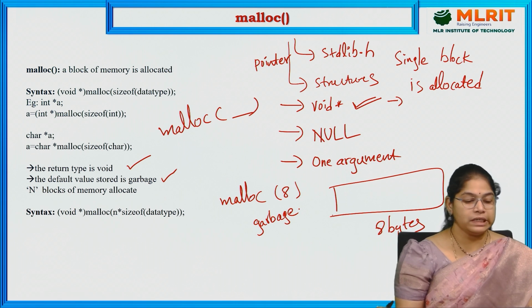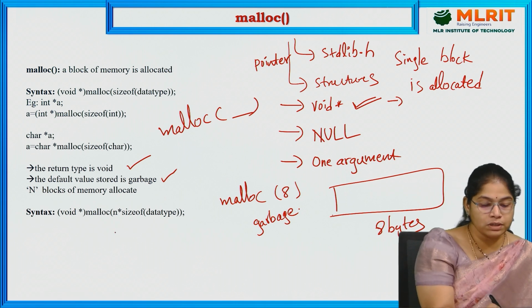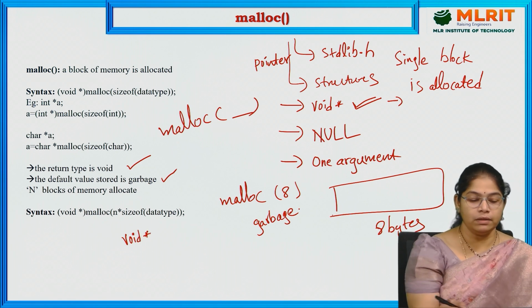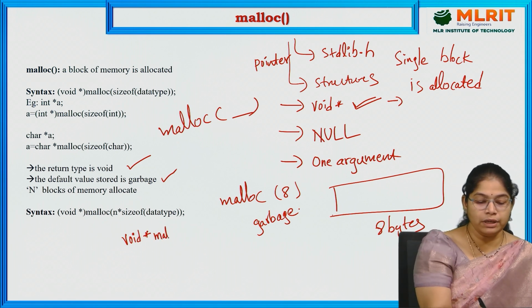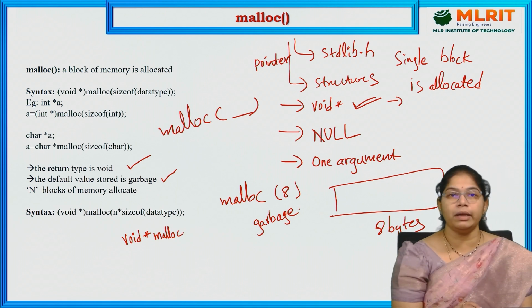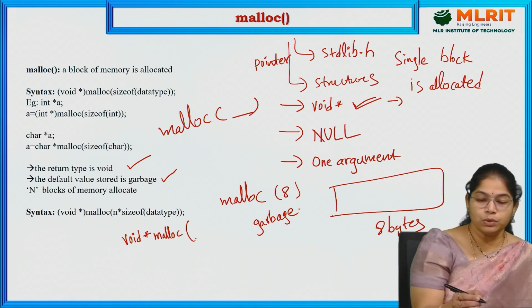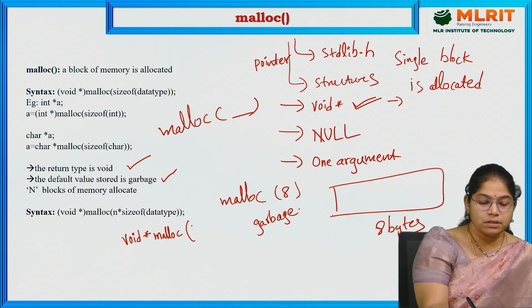Now the syntax. On successful allocation, malloc returns a void pointer. The function we are using here to allocate memory dynamically is malloc. Then it takes one argument: n into size of data type.